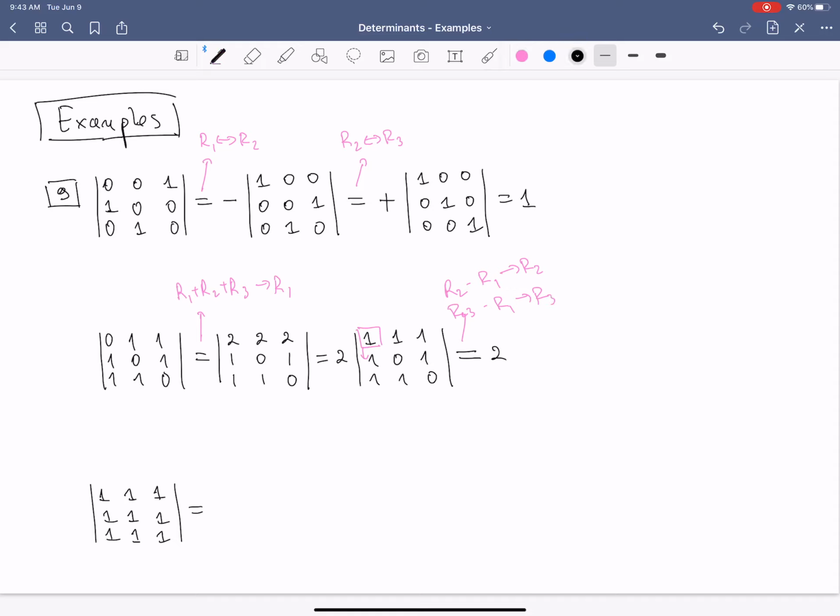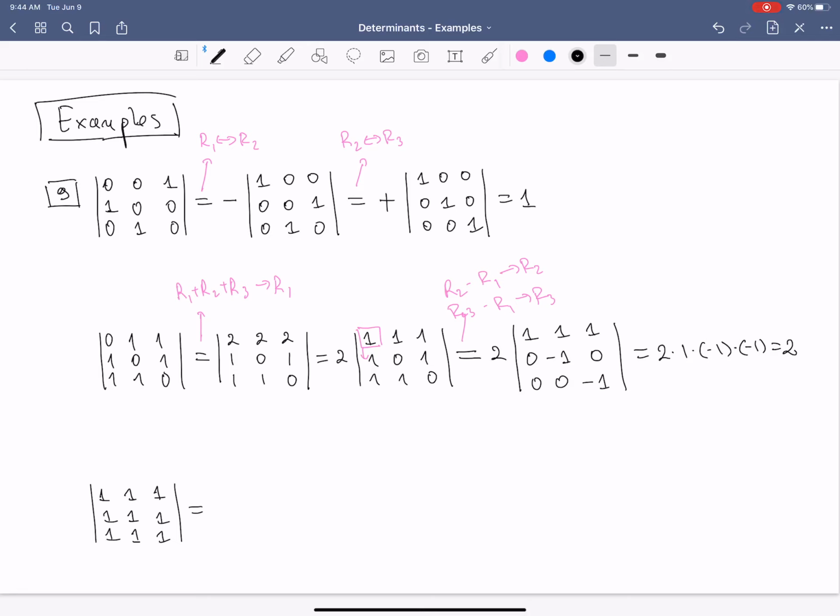The determinant will be 2 times 1, 1, 1, and then as I'm subtracting, I get 0, -1, 0, and then 0, 0, -1. Now I have an upper triangular matrix, and I know that the determinant of this upper triangular matrix is just the product along the diagonal, so my determinant is equal to 2 times 1 times -1 times -1, which is simply 2.